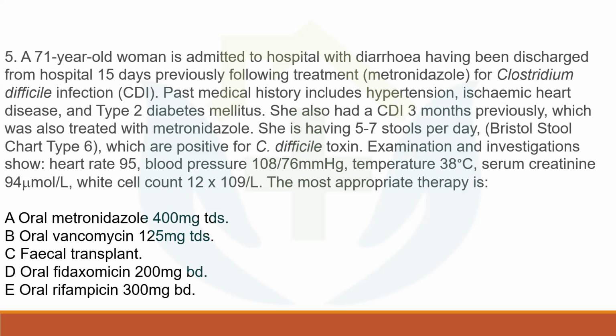She is having 5 to 7 stools per day, which is positive for C. difficile infection. Investigation showed heart rate 95, BP 108 by 76, temperature 38 degrees centigrade, creatinine 94, WBC 12,000. Most appropriate therapies: oral metronidazole, vancomycin, fecal transplantation, fidaxomicin, oral rifampicin 300 milligram.